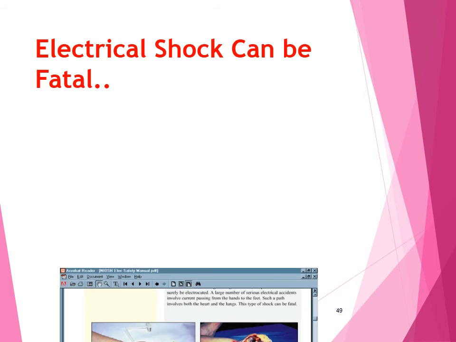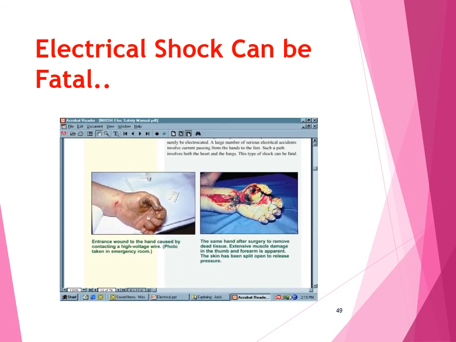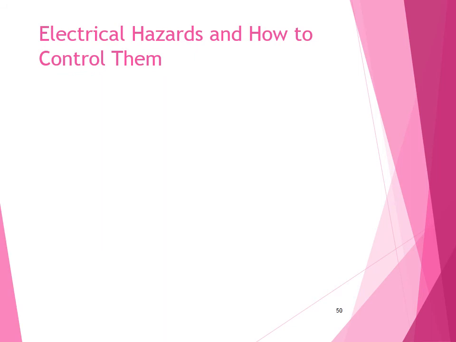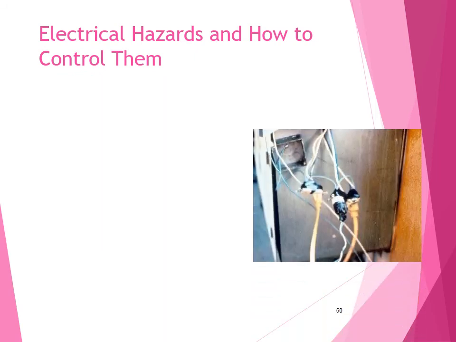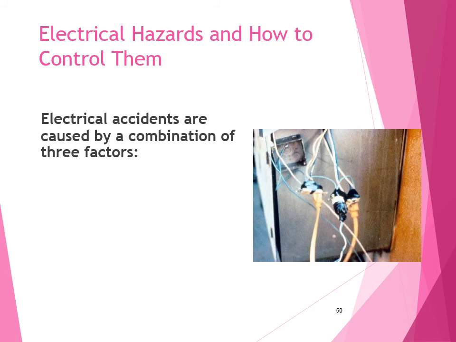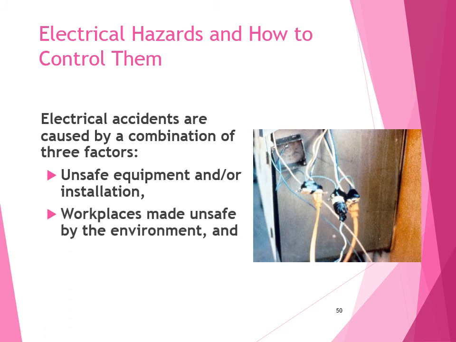Electrical shock can be fatal, as these images will show you how fatal it is. Electrical hazards and how to control them. Electrical accidents are caused by a combination of these factors: unsafe equipment or improper installation, workplaces made unsafe by the environment, and unsafe work practices.